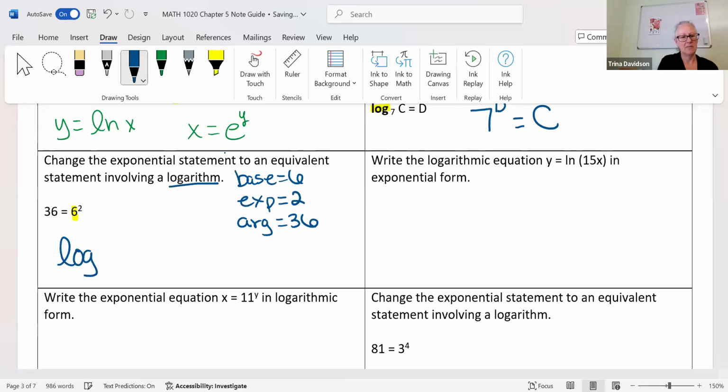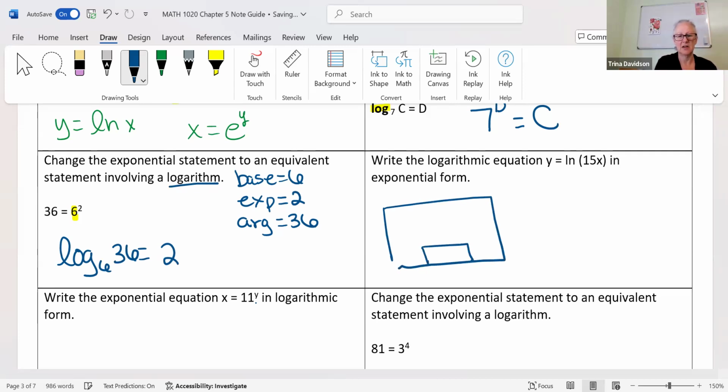So log base 6, log is equal to the exponent. Okay, so log base 6 of 36. Now in the homework, you can just type in log, it'll recognize it as log, but you'll have the little subscript button down here. Anything you need will pop up down there at the bottom, but you'll have a little button to put this in.